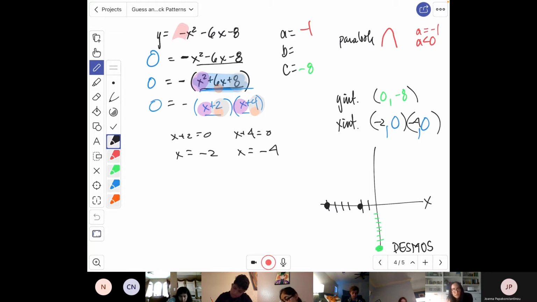Do I have those points? Do you see how I plotted those x-intercepts? Nathan, do you see how to plot those x-intercepts? Now I know it opens down. I know it goes like this and it goes like that and eventually comes down over here. But what other value do I need to know?